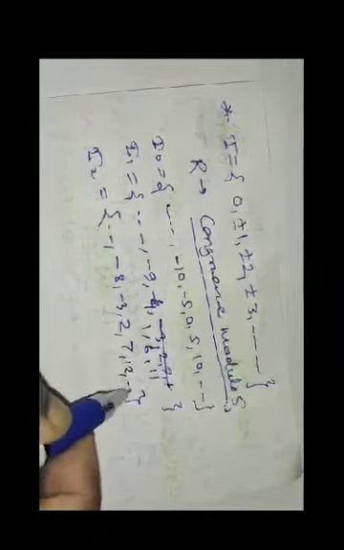In I2: -8, -3, 2, 7, 12. In I3: -7, -2, 3, 8, 13, like this. In I4: -6, -1, 4, 9, 14, like this.